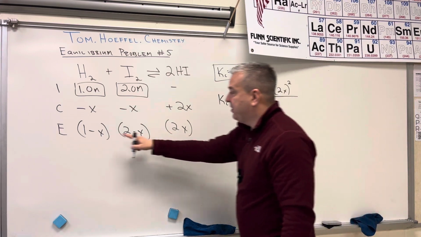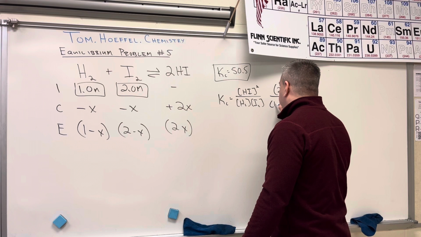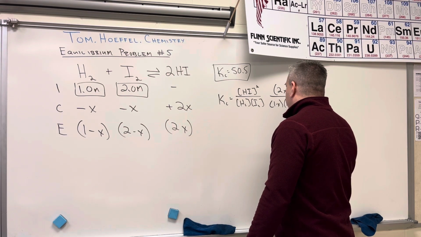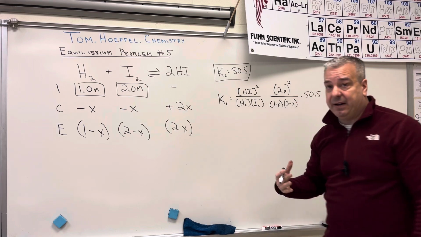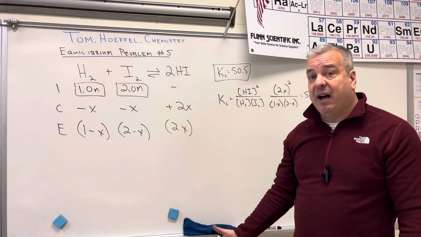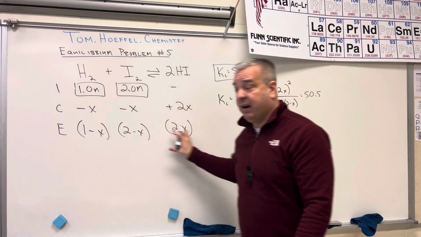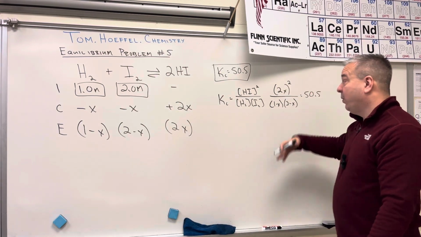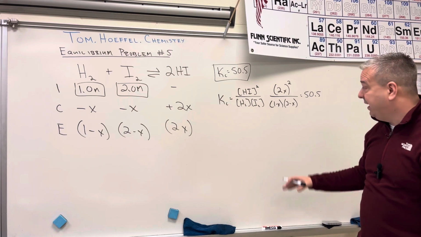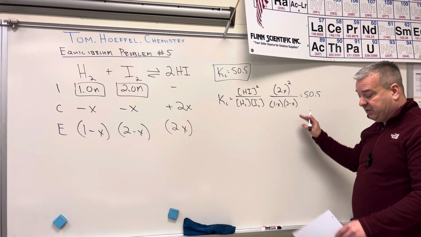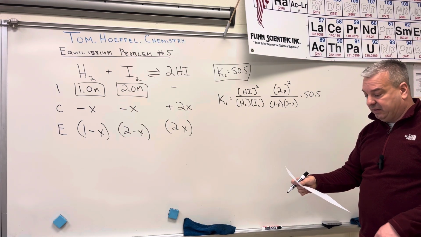The denominator is going to be 1 minus x times 2 minus x. And all of this is going to be equal to 50.5. And our job is to solve for x so that we can figure out the equilibrium positions. Well, to do this, it requires a decent amount of math. So the first thing we have to do is we have to be able to FOIL this, right?